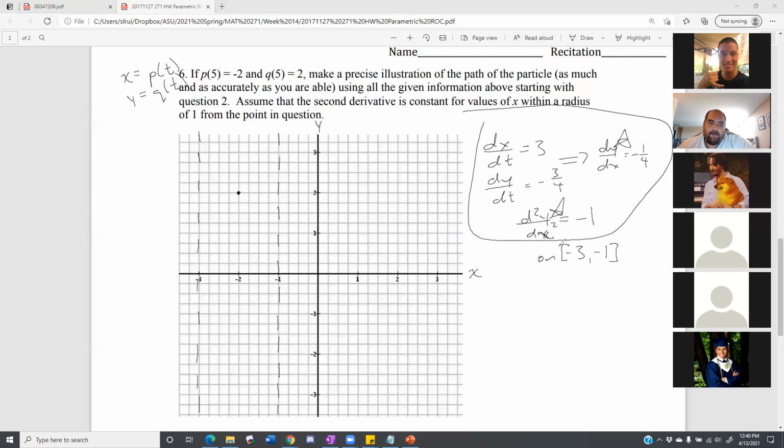So our graph is only going to be sketched between those two lines. We don't know anything about what's going on over here. The only information we have is confined to x values between -3 and -1.